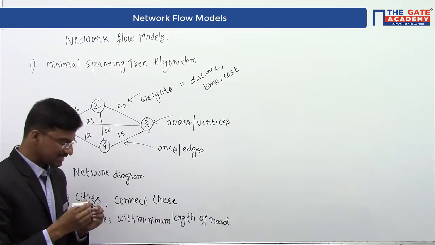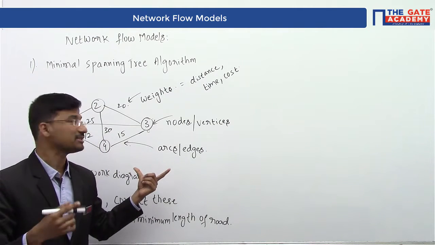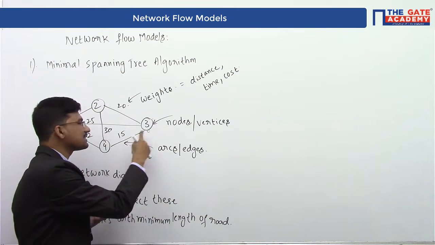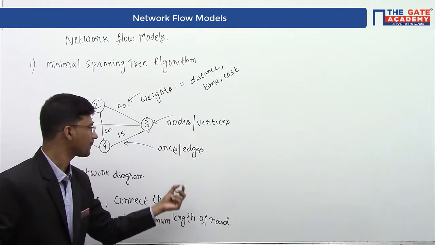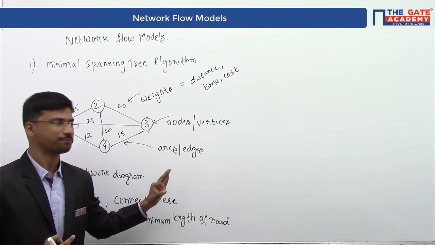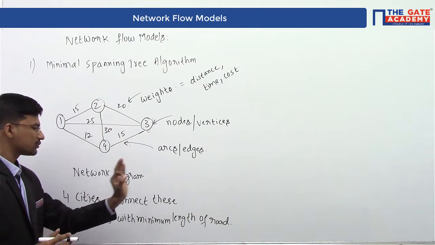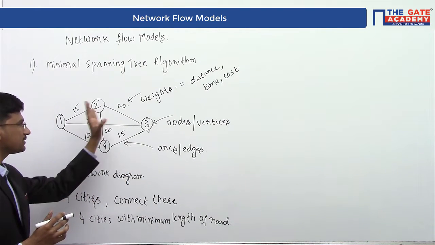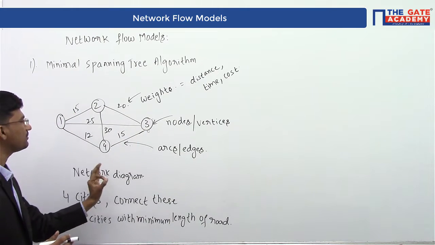This is just terminology, similar to what we will see in CPM and PERT. So we use 2 terms here, arc or edge. Now our aim is to connect all these cities with minimum length of the road.